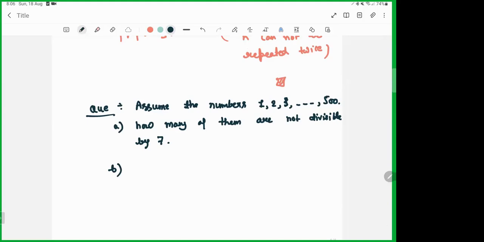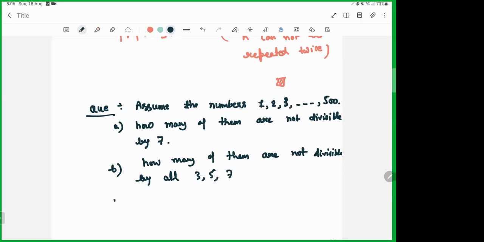The second one is saying how many of them are not divisible by all of 3, 5, 7.